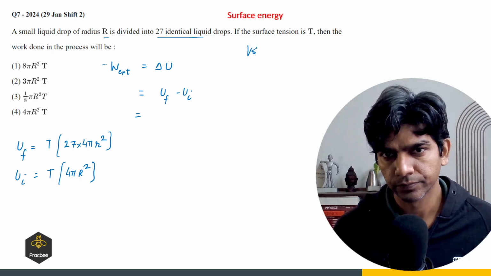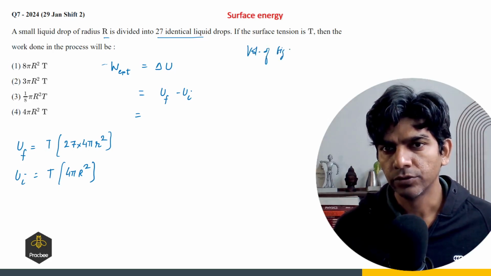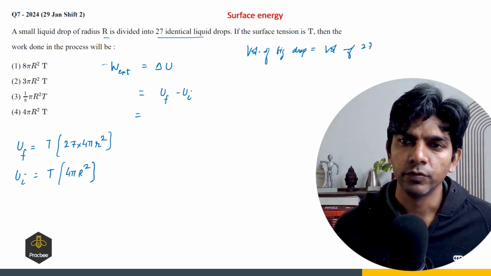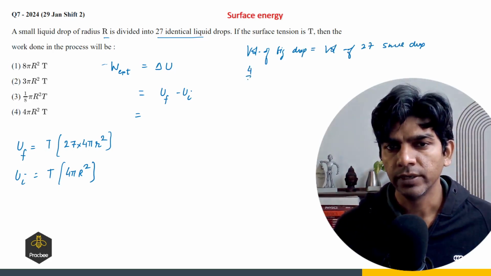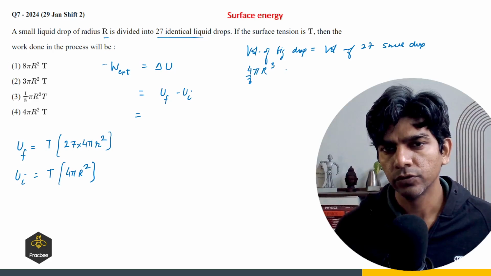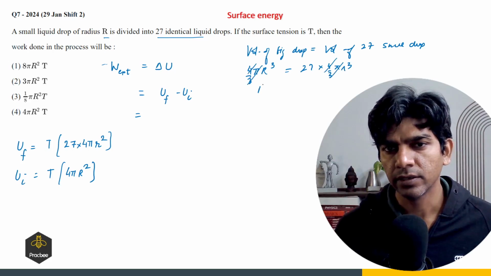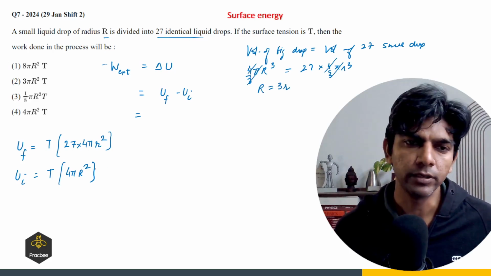So volume of big drop is equal to volume of 27 small drops. So 4 by 3 pi capital R cube is equal to 27 times 4 by 3 pi small r cube. So 4 by 3 pi will get cancelled out, so R comes out to be 3 times small r.